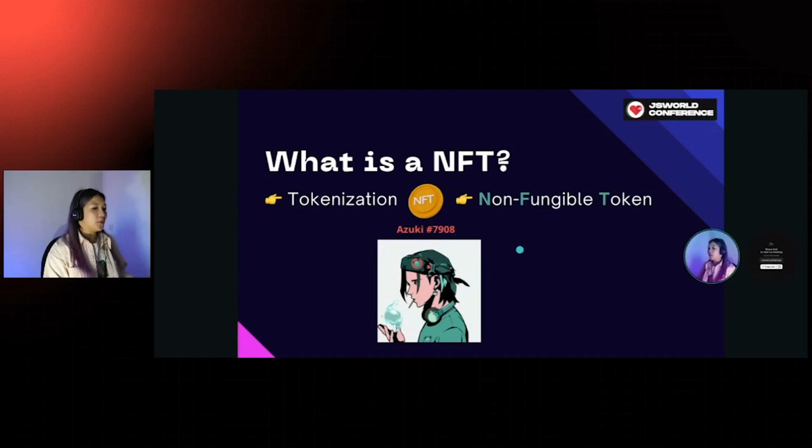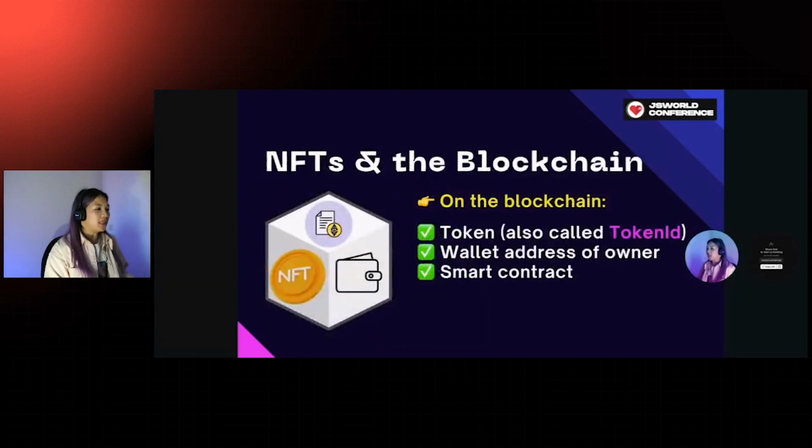So what is it about NFTs and the blockchain? When NFTs are on the blockchain, you have to remember that globally, there are three things being stored on the blockchain: the token itself, which is sometimes also called token ID, the wallet address of the owner that holds the NFT, and the smart contract underlying the NFT.